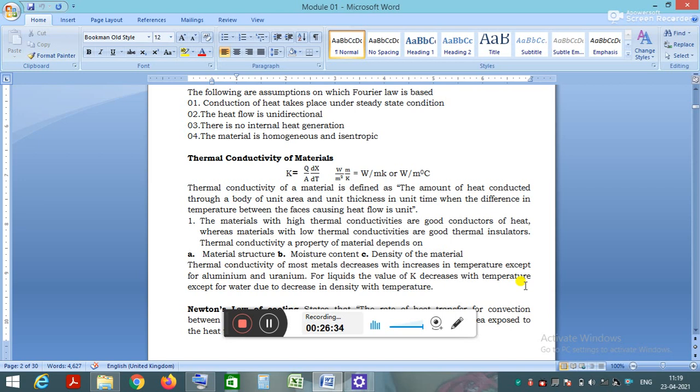With increase in temperature, the thermal conductivity decreases, but it reverses in water, because with increase in temperature, the density of the water decreases.